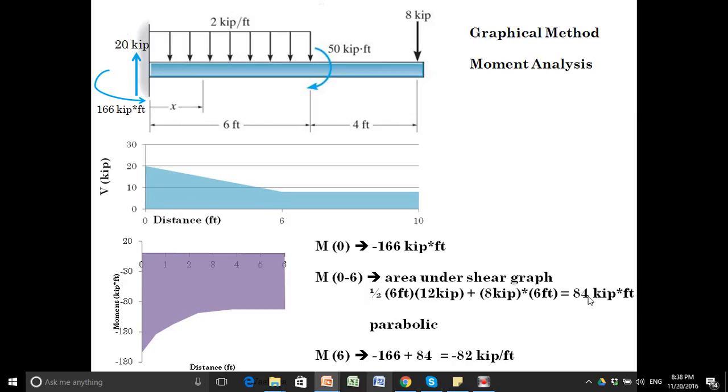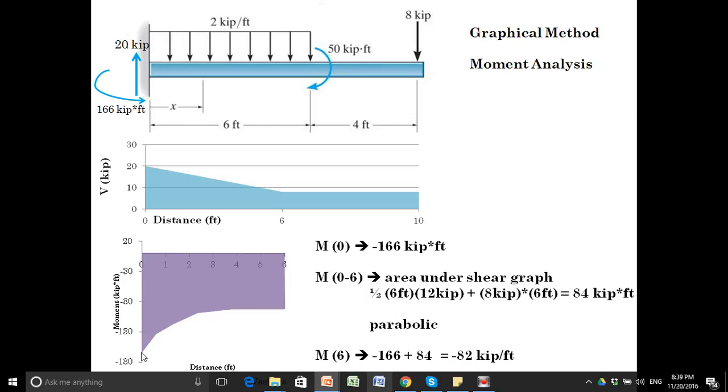So I end up with 84 kip times feet. And I know it's parabolic. To find my endpoint, I start from negative 166 and add that positive area of 84, so I end up at negative 82 kip times feet.